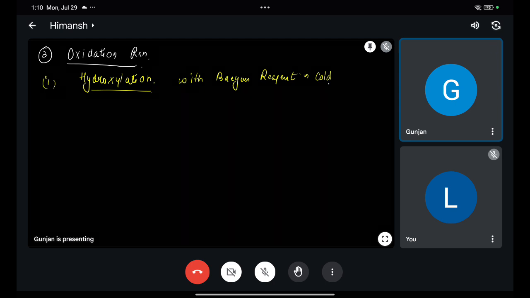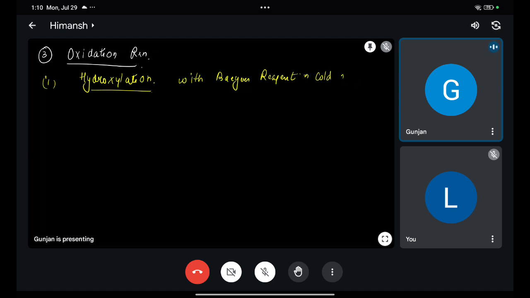Cold, alkaline KMnO4. It has a pink color. So when we have any alkene and we add Baeyer's reagent to it, it will be converted to a 1,2-diol.